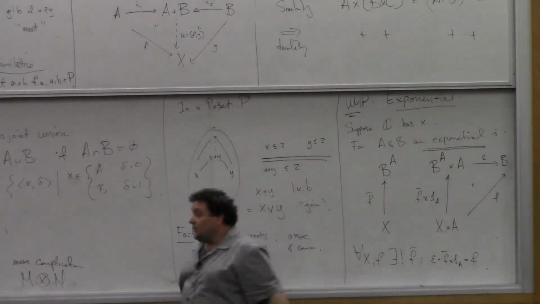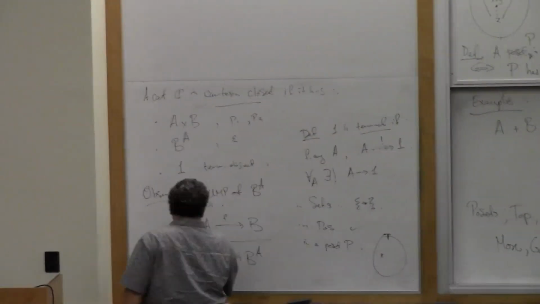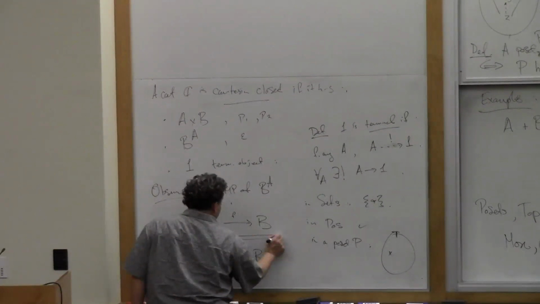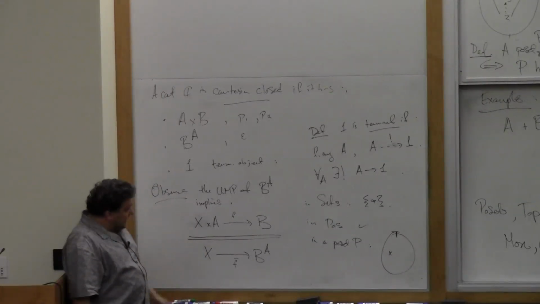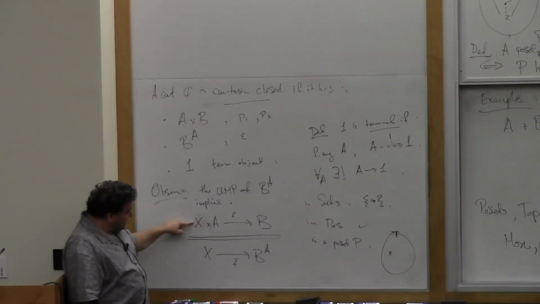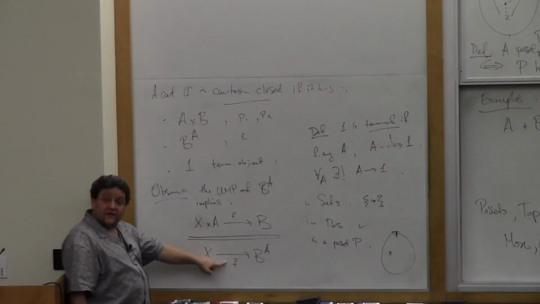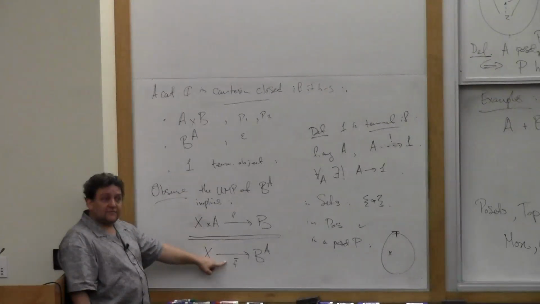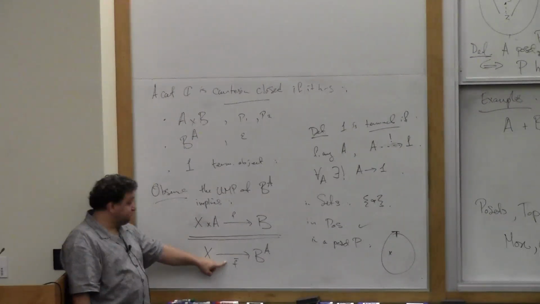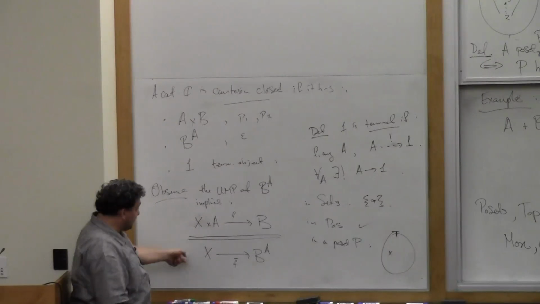The universal mapping property says exactly that this correspondence, this two-way rule, is an isomorphism. Everything like this comes uniquely from a thing like this by that recipe crossed with A and composed with evaluation. Make sense?